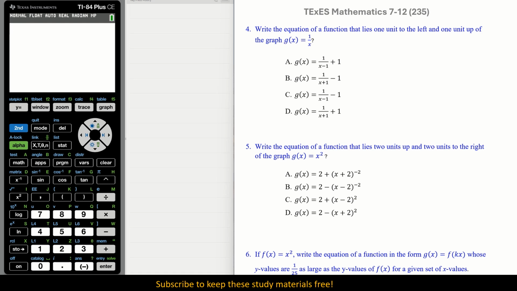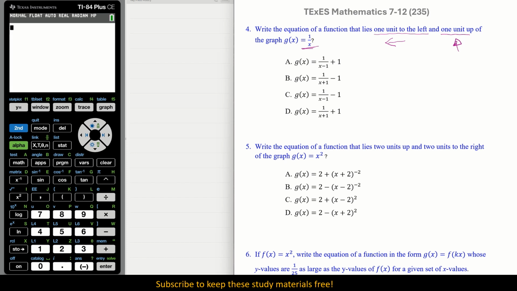Number 4. Write the equation for the function that lies 1 unit to the left. So we need to go 1 to the left and then 1 unit up. Well, before we enter in our calculator, and that is for the parent function 1 over x.